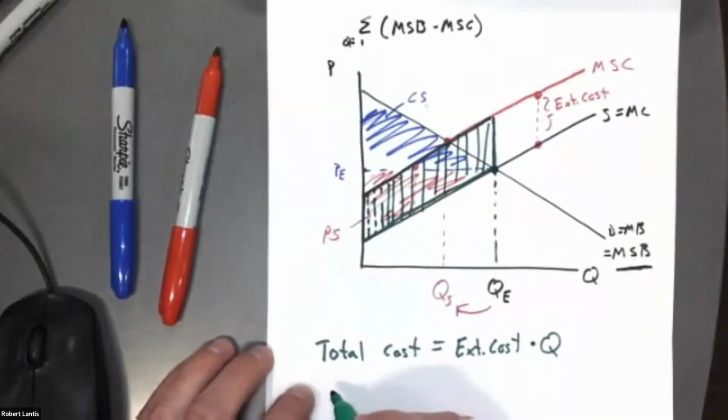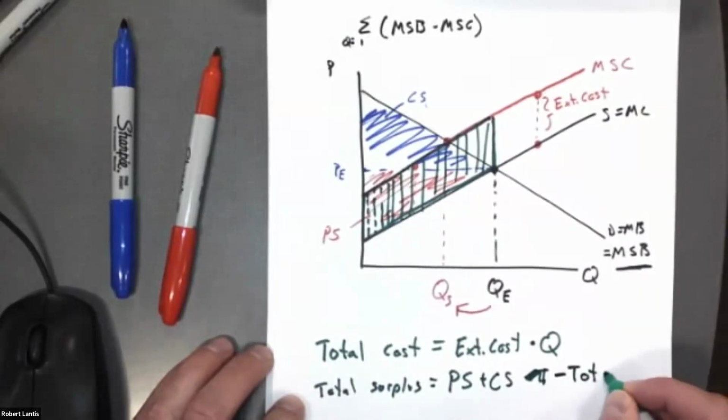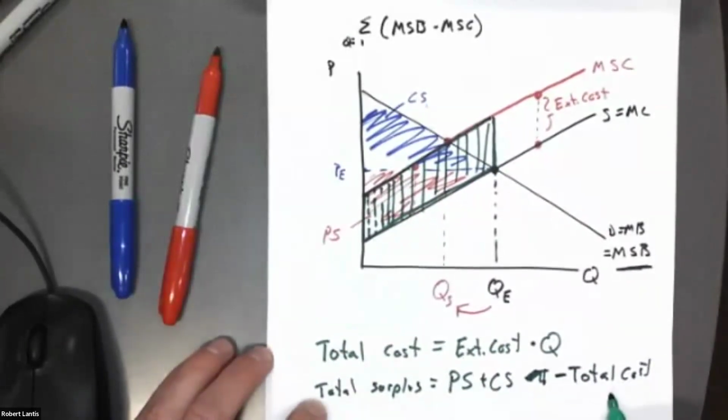So if we wanted to know the total surplus, this would be producer plus consumer surplus, but also, technically, whatever that total cost to society is. We add that cost in there.